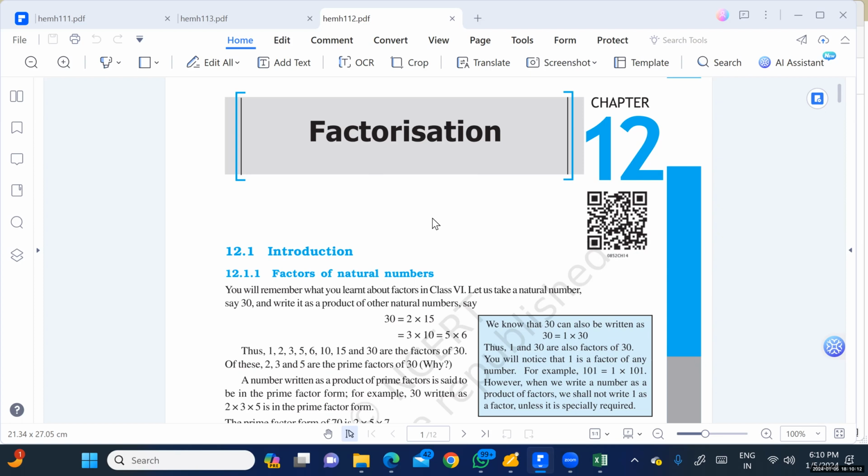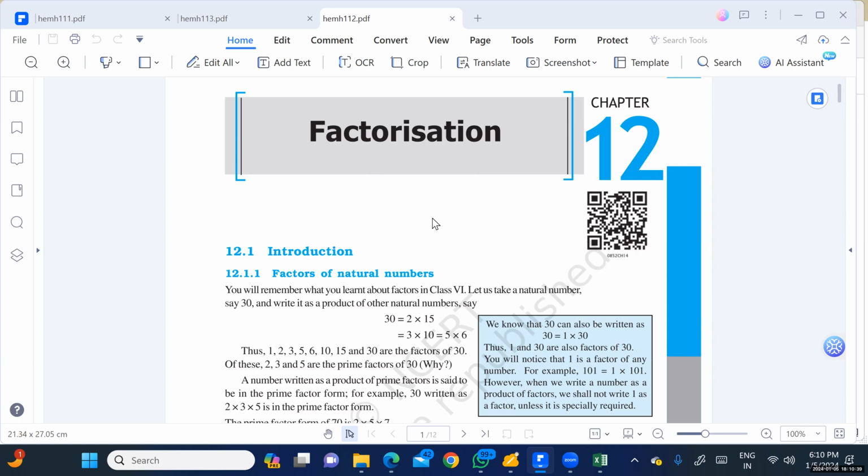So can we say maybe it's a method by which we break the algebraic expression into different objects? Maybe we break the bigger expression into different objects, right?